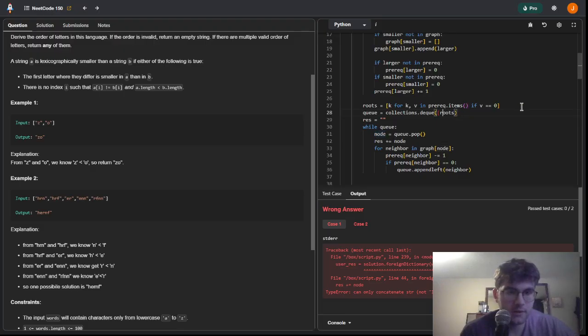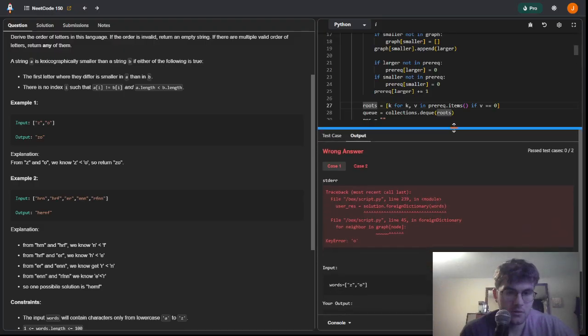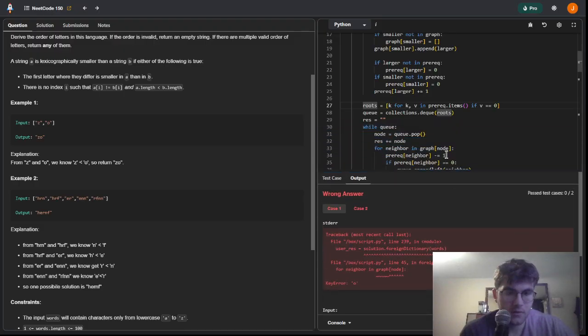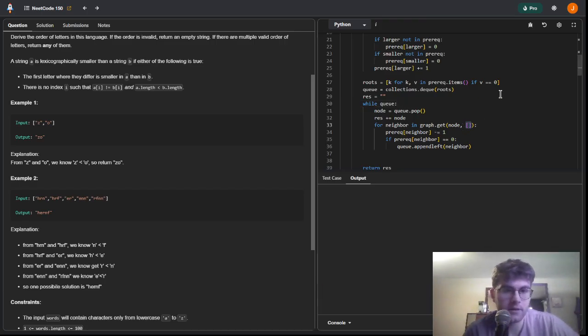I think I'm doing a list of lists by accident because roots is already a list. Okay, for neighbor in graph of node. Yes, so I have to do the graph.get node. So O didn't exist because it had nothing that was bigger than it. So what we'll do is just do an empty list there instead of adding it to the graph at the top. Okay, so it worked for these.